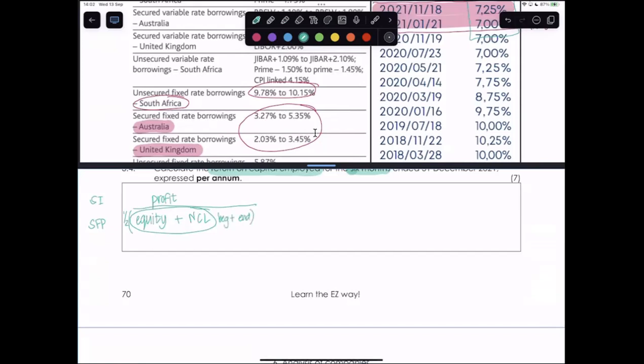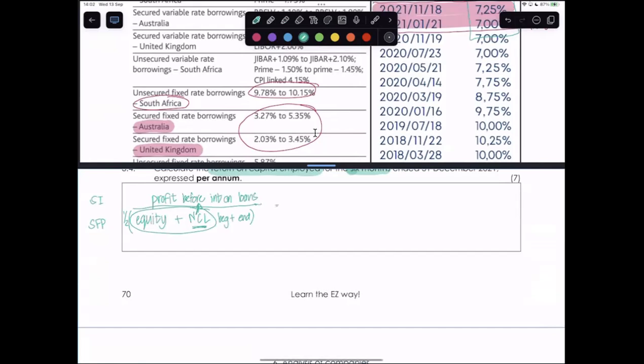The other thing to keep in mind is that because you're using the non-current liabilities, you actually want to use the profit before the interest on loans, because it doesn't make sense to use it afterwards, because obviously if the money had been invested by owners instead of being borrowed, you wouldn't have incurred that interest.